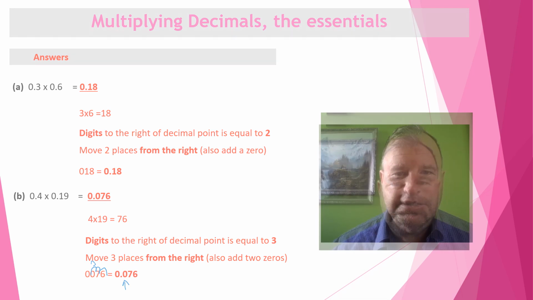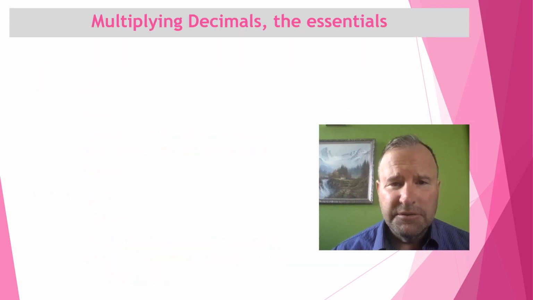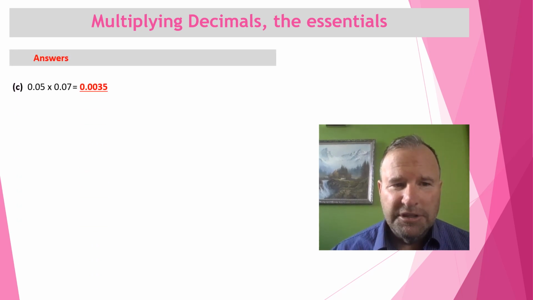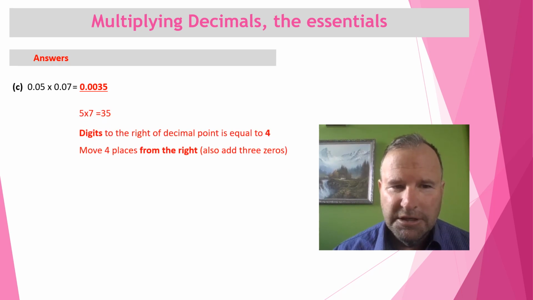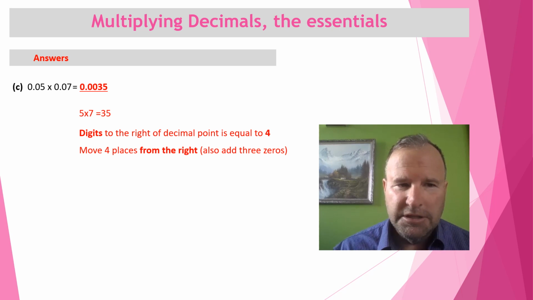And then the next answer, for C, if you've got this answer, well done. 0.05 times 0.07, and you get the answer 0.0035. If you didn't know that answer, going through the steps again: multiply as if there are no decimal points. Digits to the right of the decimal point is equal to 4, as per the question here.